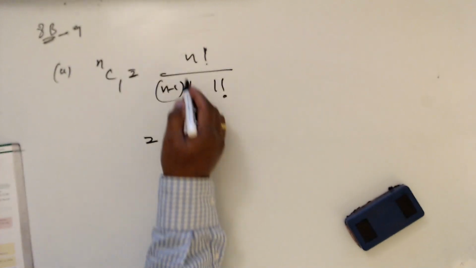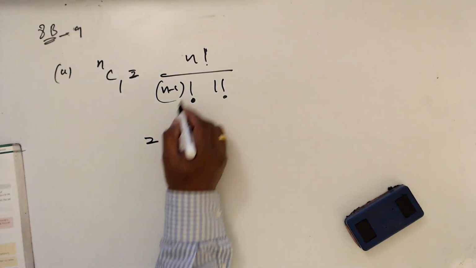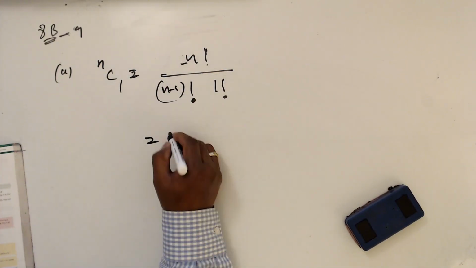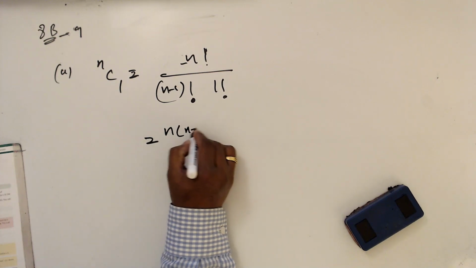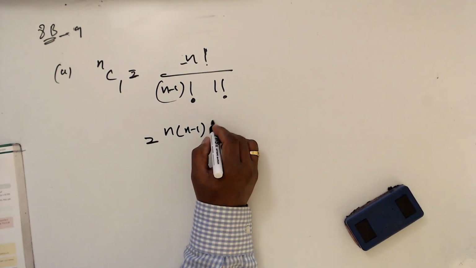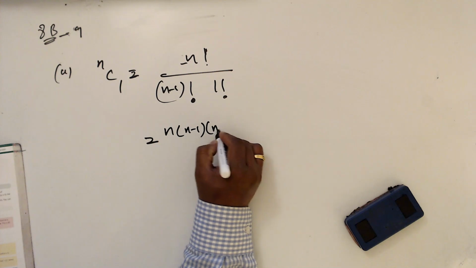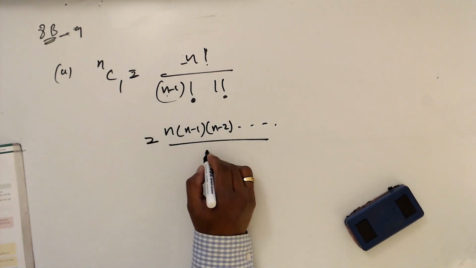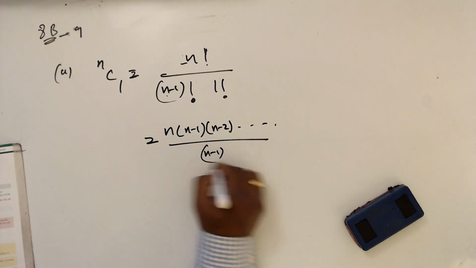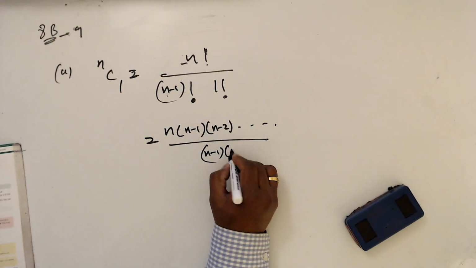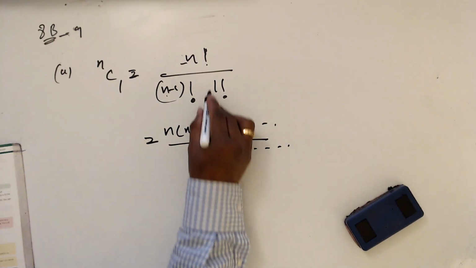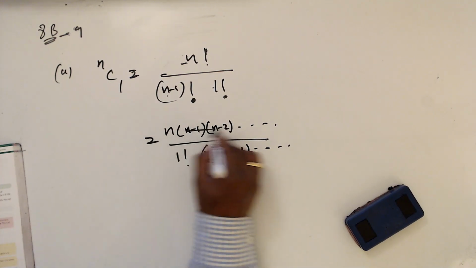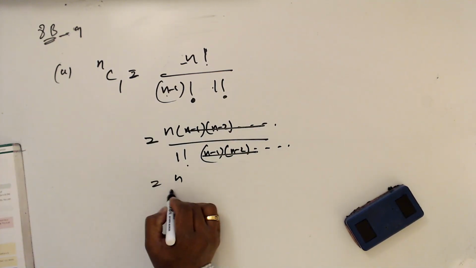Then n times n minus 1 times n minus 2 and so on, over n minus 1, n minus 2 and so on, and 1 factorial. So this is cancelled out and the answer is n.